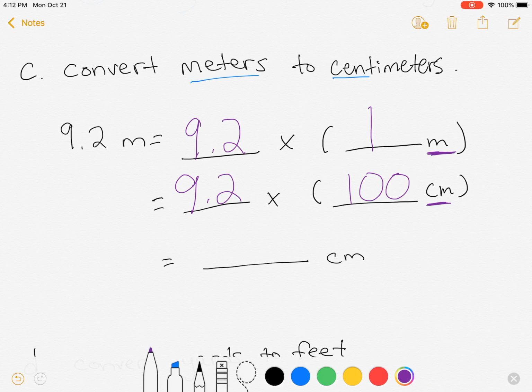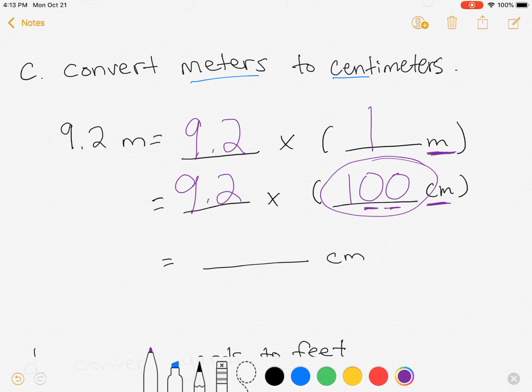Now, do we need to use the standard algorithm on this problem? No, because it's just 1 and you just put the same numbers and add the 0. You just move the decimal 2 places. Anytime you're multiplying by the powers of 10, that's 10, 100, 1,000, etc., we can just move the decimal the number of zeros that we have, if we have a decimal.